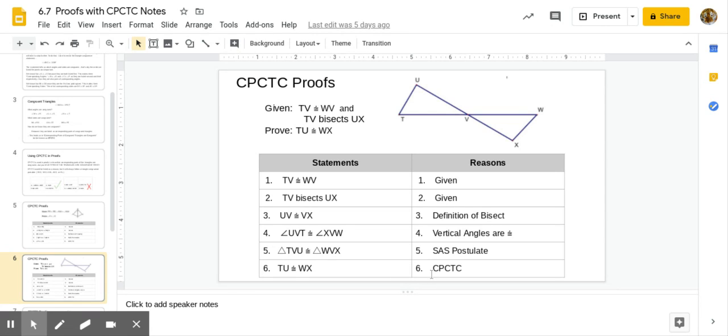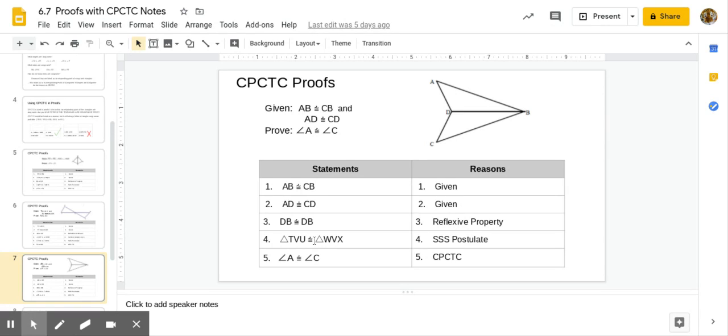So they are corresponding parts of congruent triangles, so therefore they are congruent. Remember, you have to have the triangles congruent before you can use corresponding parts of congruent triangles. You can't just say corresponding parts are congruent. It has to be corresponding parts of congruent triangles that are congruent.